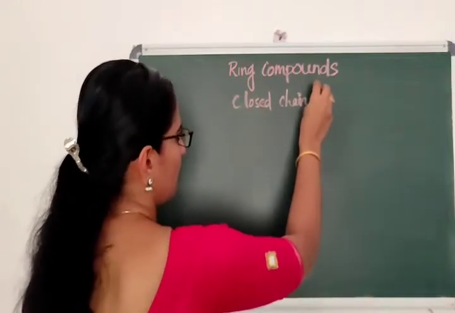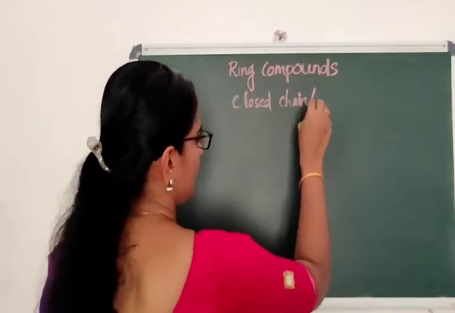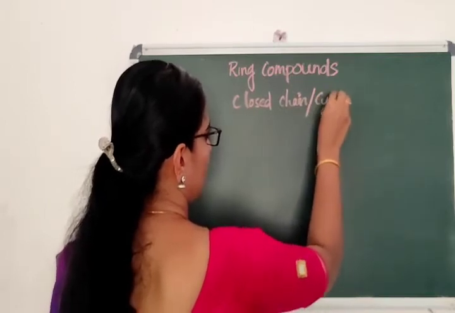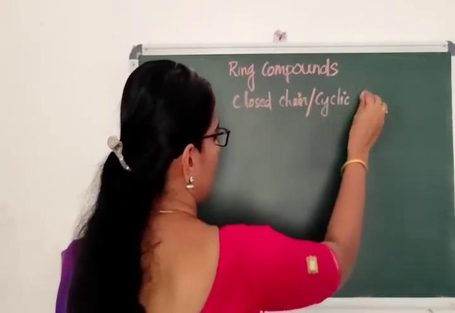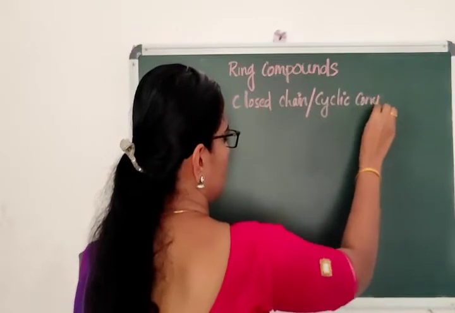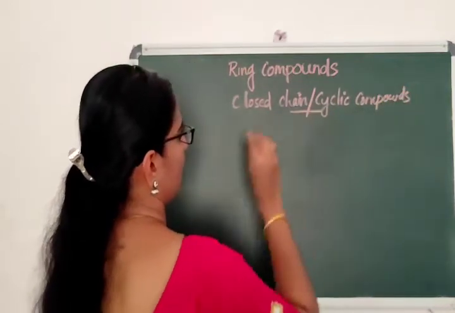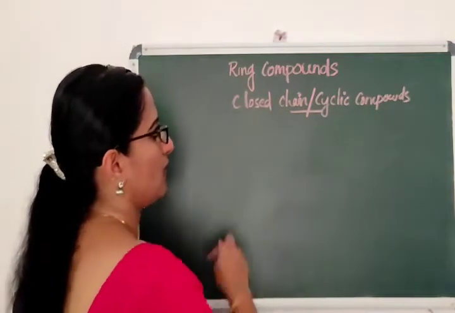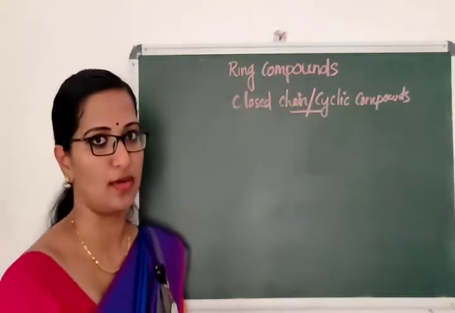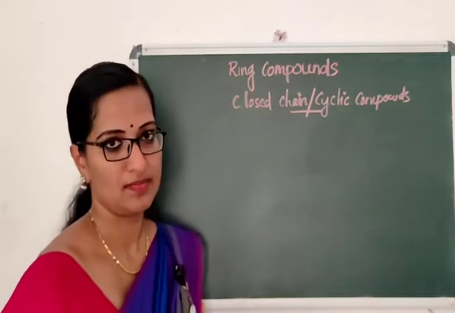Okay, or it can be called cyclo or cyclic compounds. Cyclic compounds. The next category of hydrocarbon. Okay, ring compounds or cyclic compounds or closed chain compounds. Any name you can call.